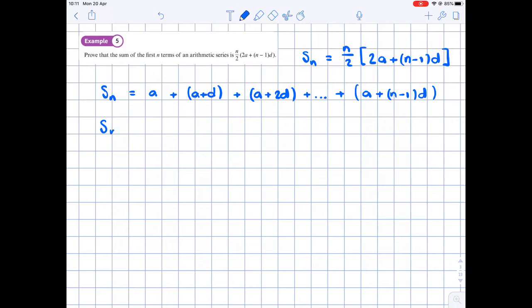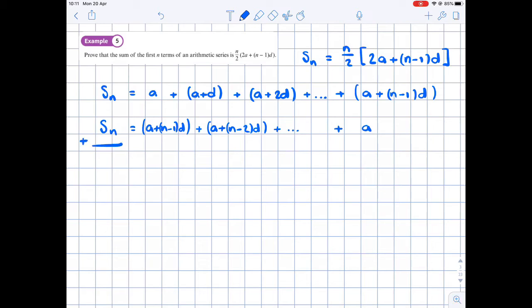Following the same process as before, I'm going to rewrite this only in reverse order. Well, working backwards, the second term here would be a plus n minus 2 times d. Coming along to the final one, we would have just the number a, or the first term.